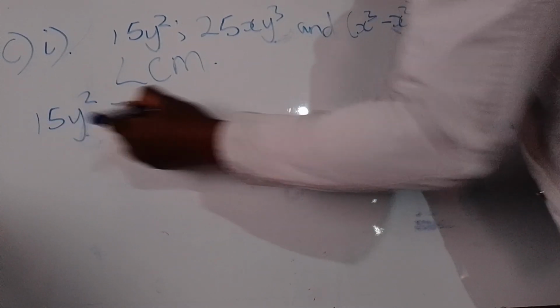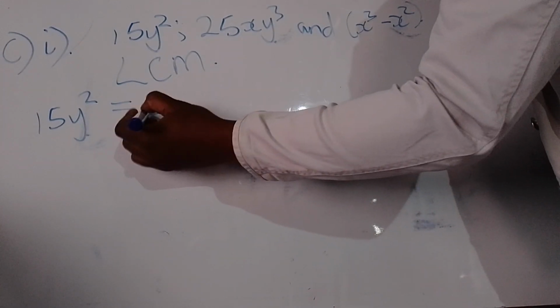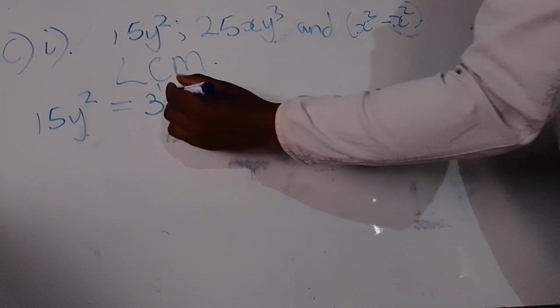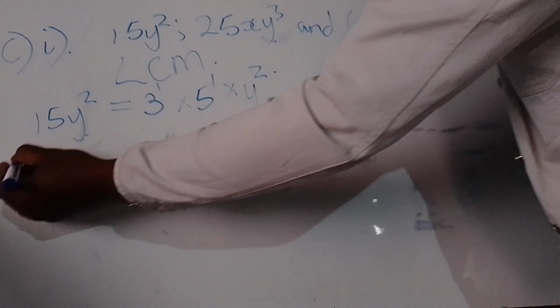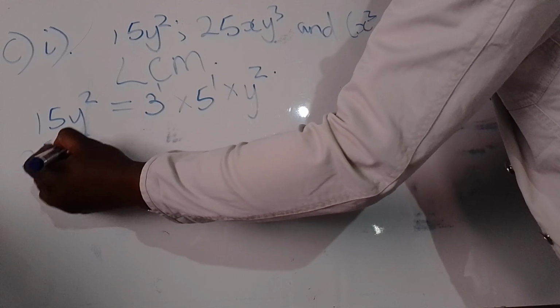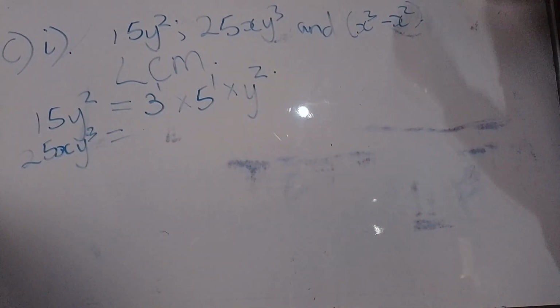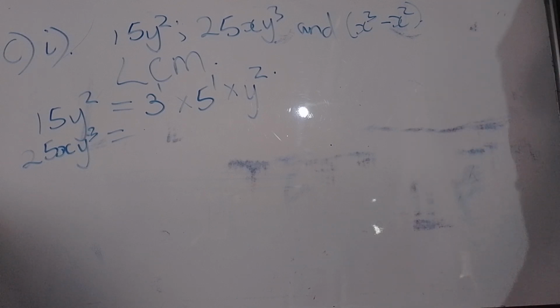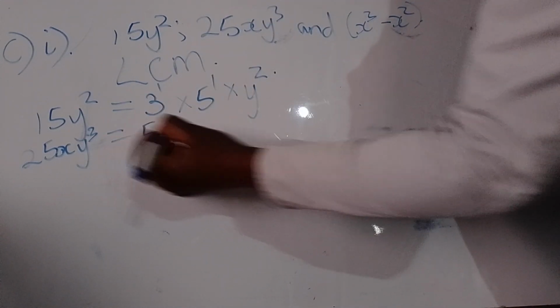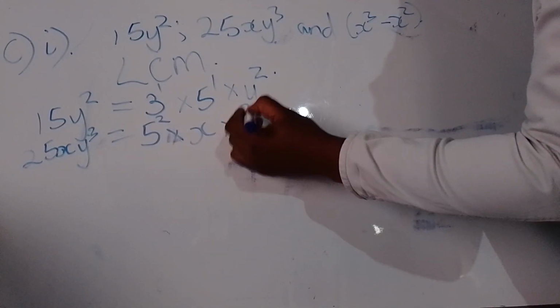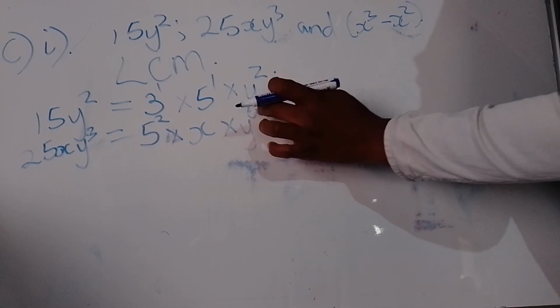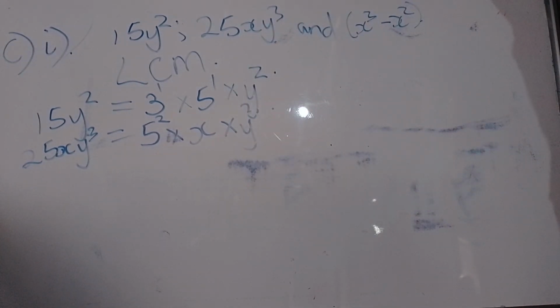So we are going to have 15y squared being equal to 3 to the power 1, times 5 to the power 1, times y squared, expressing it in index form. Then 25xy cubed is equal to 5 times 5, which is 5 squared, times x times y cubed. We are expressing the products in index form.